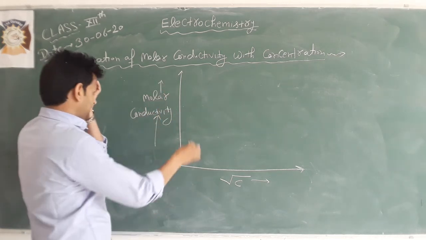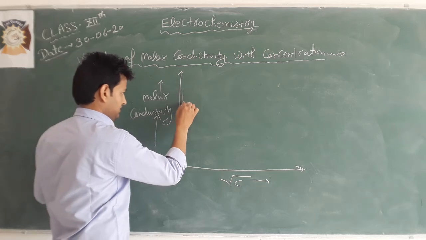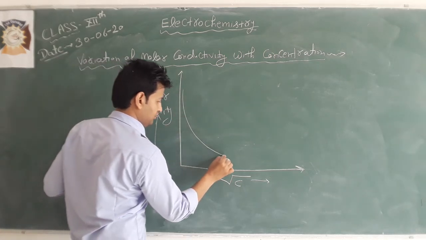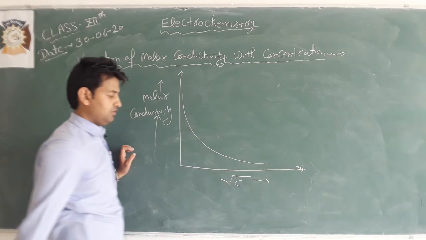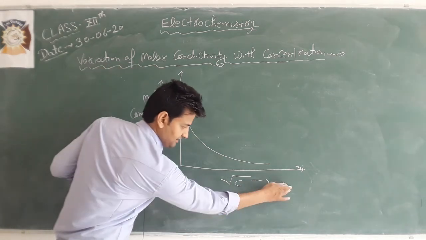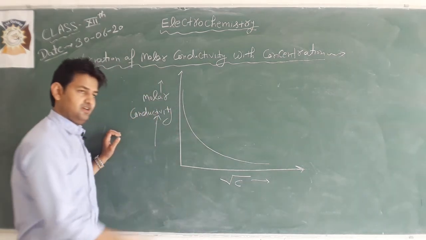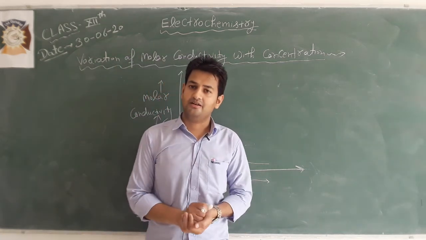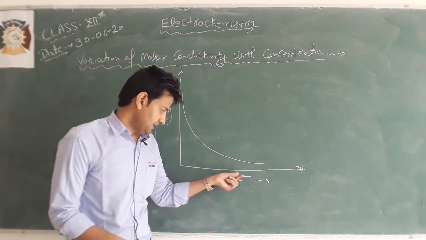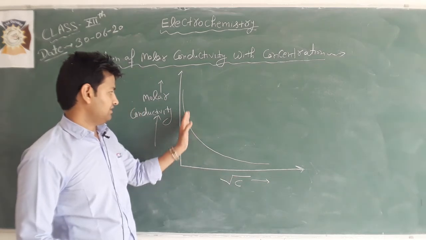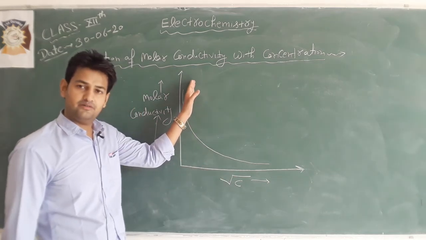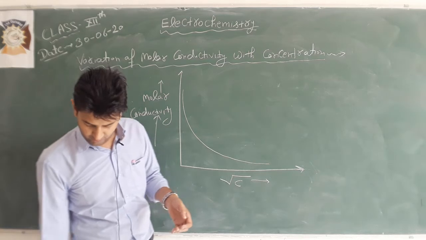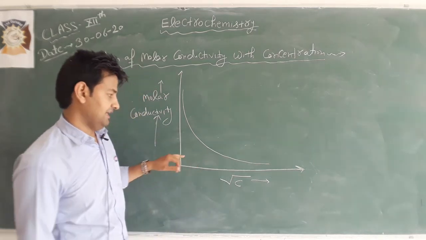For the weak electrolyte, as dilution increases, molar conductivity also increases. Here is the increase in concentration, so the reverse is decrease in concentration, or we can say increase in dilution. So when dilution increases, molar conductivity also increases for a weak electrolyte.